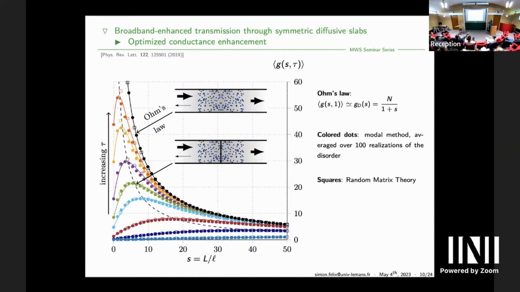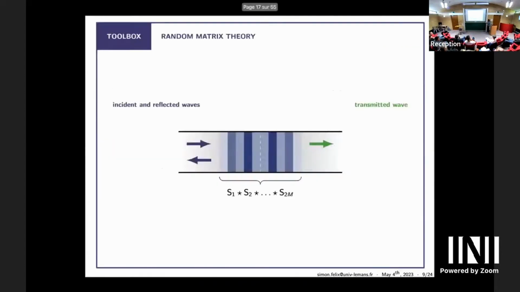Can you tell us how you multiply the matrices? It's not matrix multiplication. We could do this with transfer matrix, but here it's a bit more complex product. It is obtained by writing mode matching at both ends of the slice, and then you have rules to obtain a scattering matrix from scattering matrices.